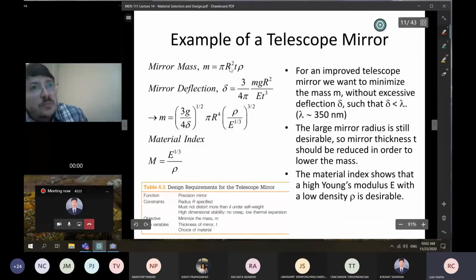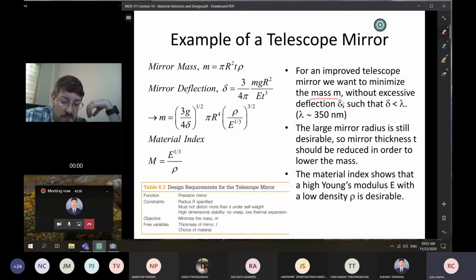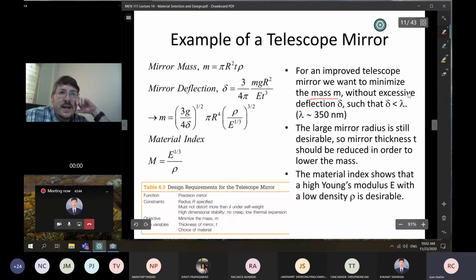So for an improved telescope mirror, maybe we want to rethink this a bit. We'd want to minimize the mass. We like these things to be as big as possible, but we don't want them to be too heavy, and we don't want excessive deflection delta.